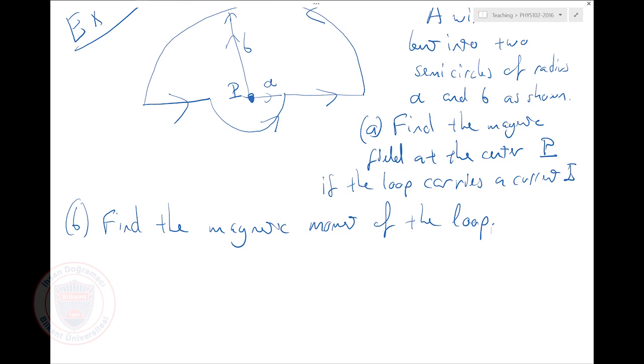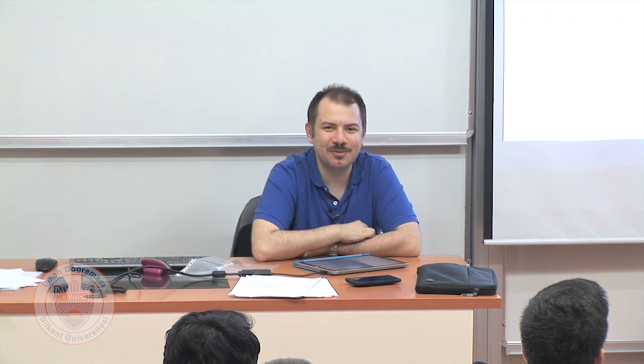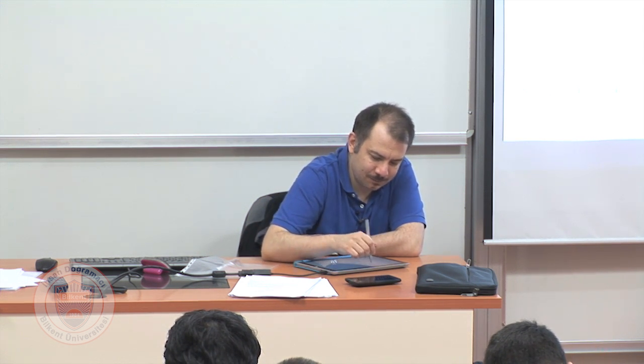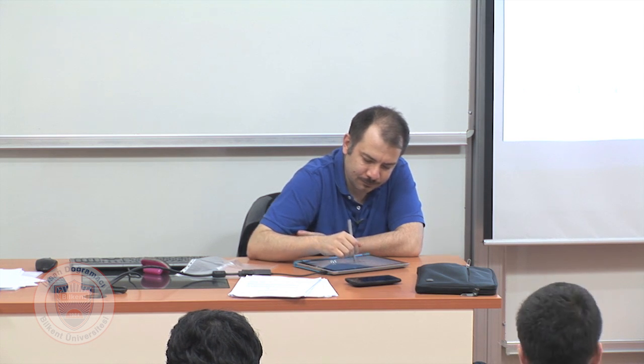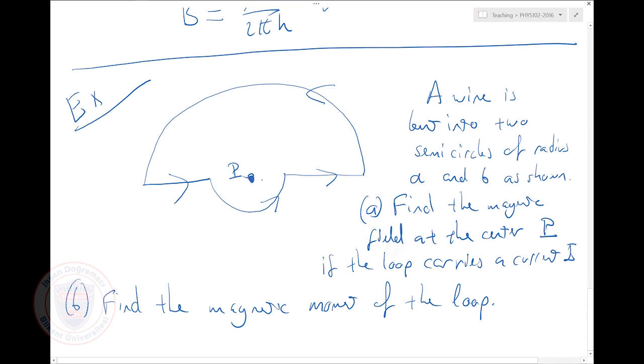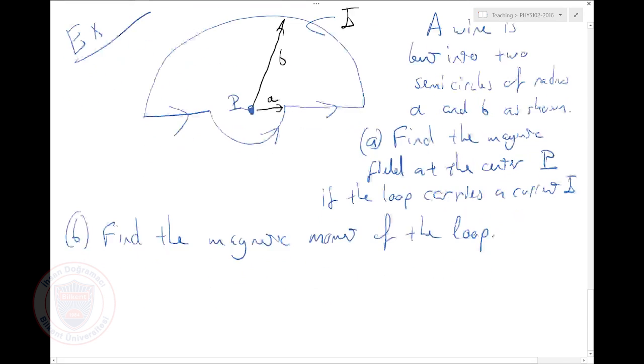Is the geometry clear? I take a wire and bend it into this strange shape. Okay. Maybe I should draw these radius vectors with other colors. So here is radius A and here is radius B. And the current is I.